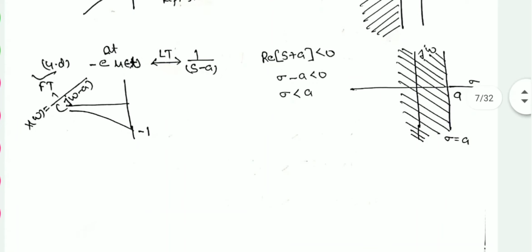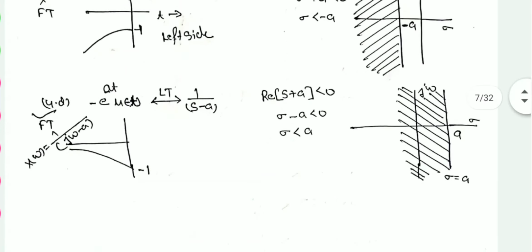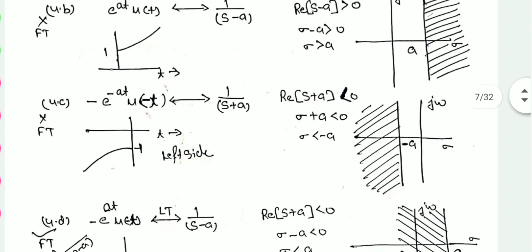In the fourth case, e to the power minus at u(minus t) and the magnitude is minus. This is a limited signal because when we move towards minus infinite, it tends to 0, and when we go to infinite, its maximum value is minus 1. Therefore, it is a limited signal and the integral is convergent.